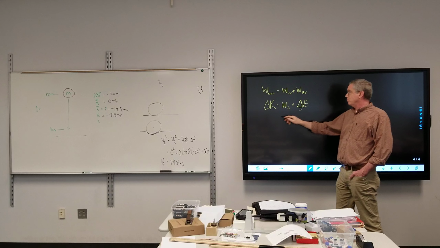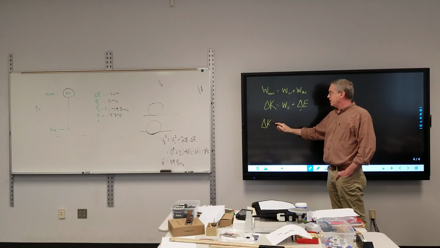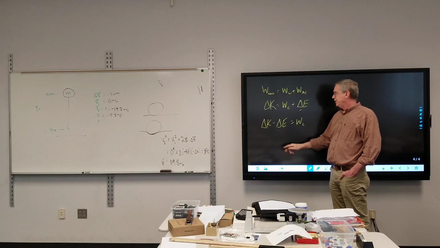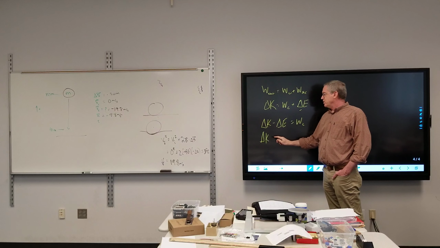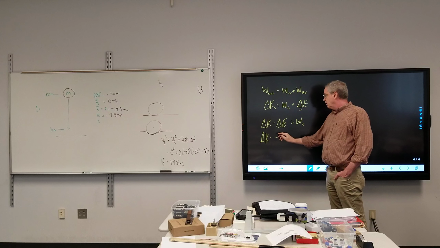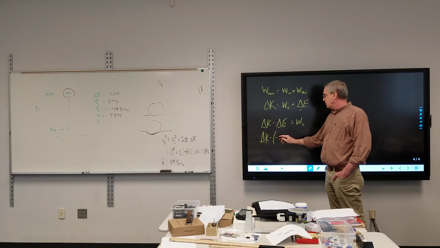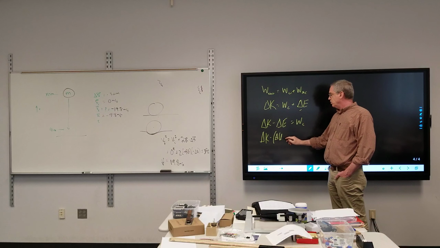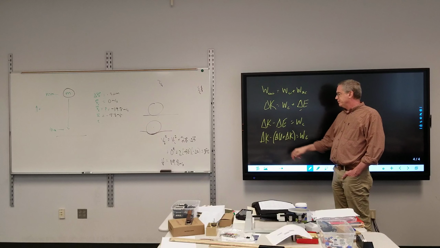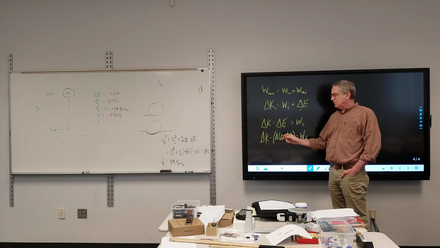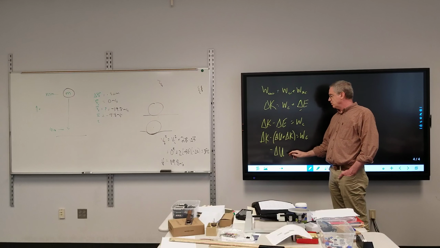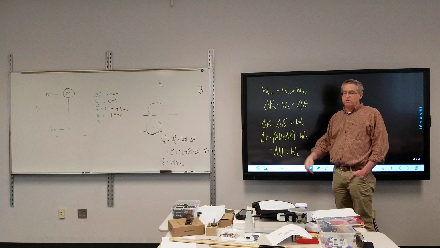If I subtract this from both sides, I get the change in kinetic energy minus the total change in energy is equal to the conservative work. My change in energy is one too many. This is the change in potential plus the change in kinetic. Distribute the negative sign. Kinetic energy changes cancel out, and what you're left with is negative delta U is equal to the conservative work. That's where the negative comes from.